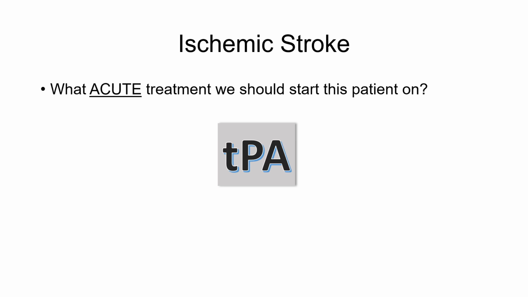Another indication includes the onset of stroke symptoms being less than 3 to 4.5 hours, and an age greater than 18. So if I want to give TPA to a patient, I'm going to need to ask them some specific questions, as I mentioned earlier, regarding contraindications to TPA.